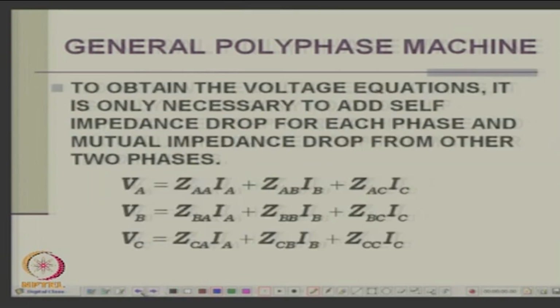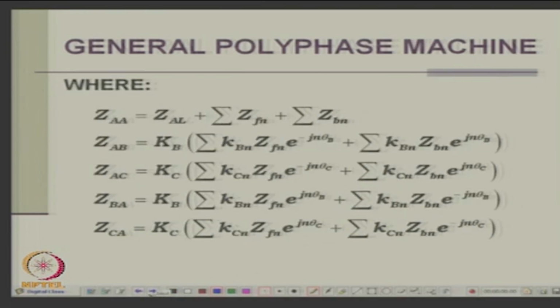So, in the general case, we can write Va, Vb, Vc in terms of Ia, Ib, Ic with these impedances.